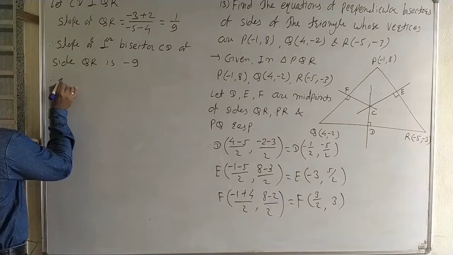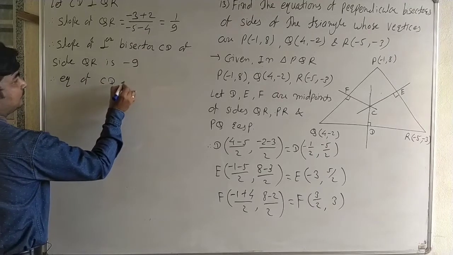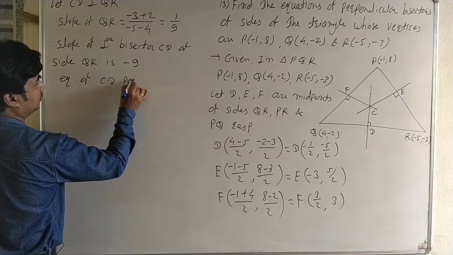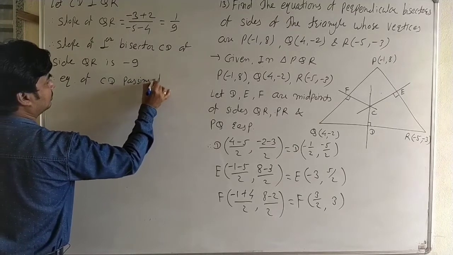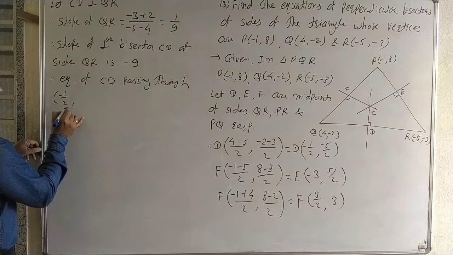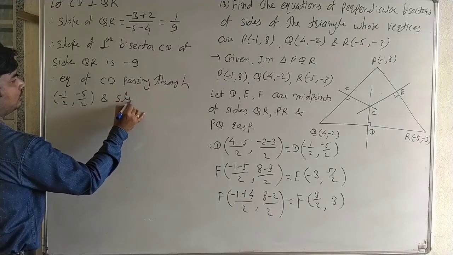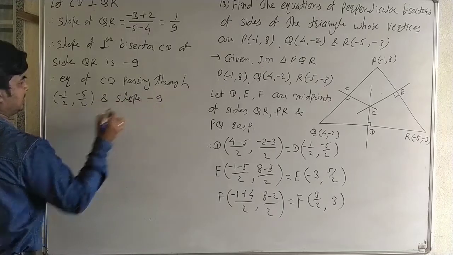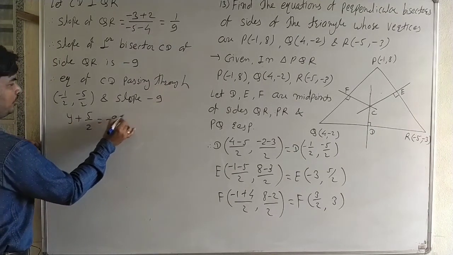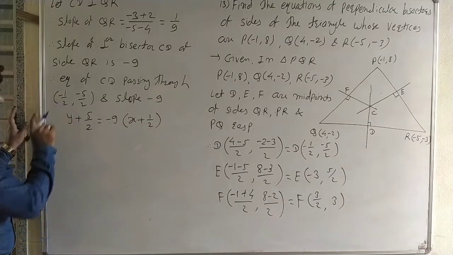Therefore the equation of CD, the perpendicular bisector passing through D (minus 1 by 2, minus 5 by 2) with slope minus 9: y minus y1 is equal to slope into x minus x1. Okay, see carefully.